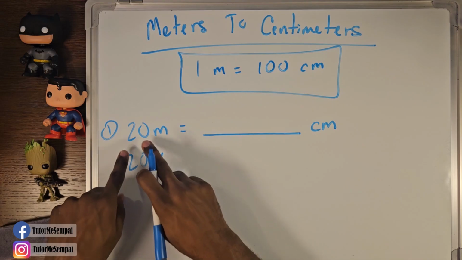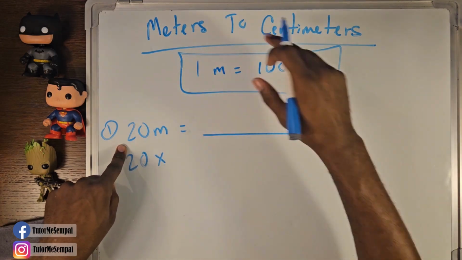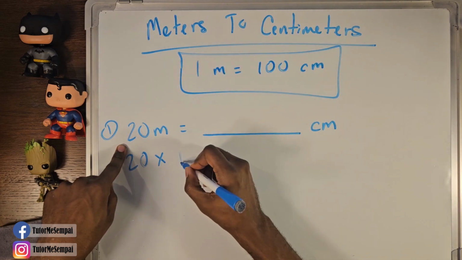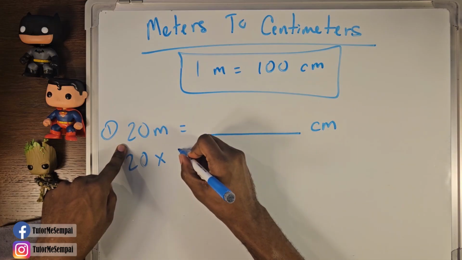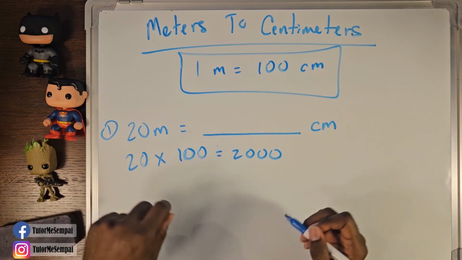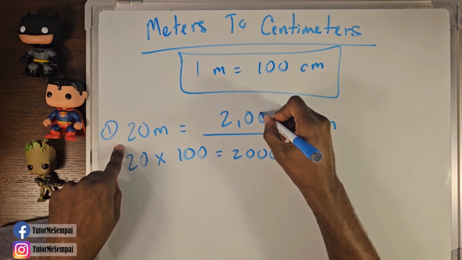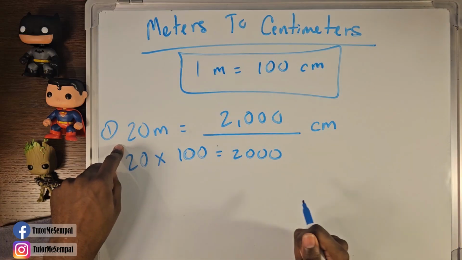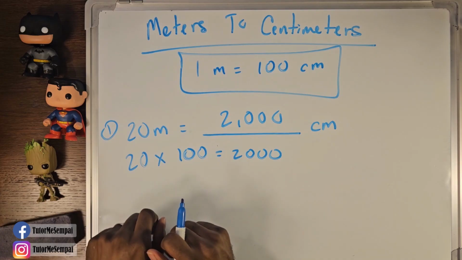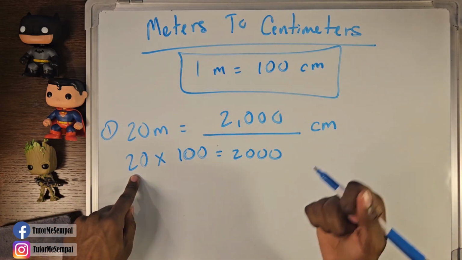So we're going to multiply our 20 times this 100 because we have 20 of these. So it's going to be 20 times 100, which gives you 2,000. So when we have 20 meters, we're going to have 2,000 centimeters.